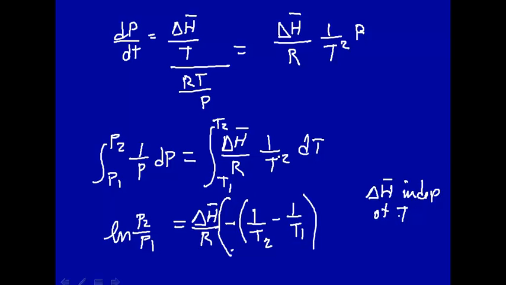Okay, because the integral of 1 over T squared, that's right. Or in other words, let's just rewrite this as minus delta H over R times 1 over the final temperature minus 1 over the initial temperature, T1.